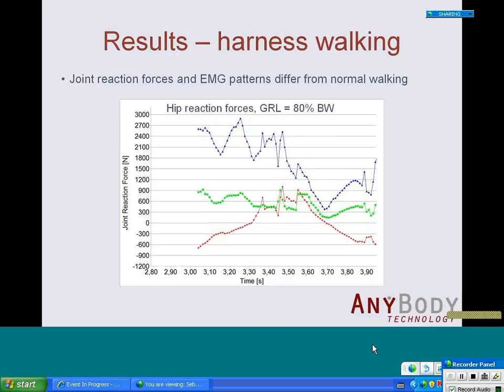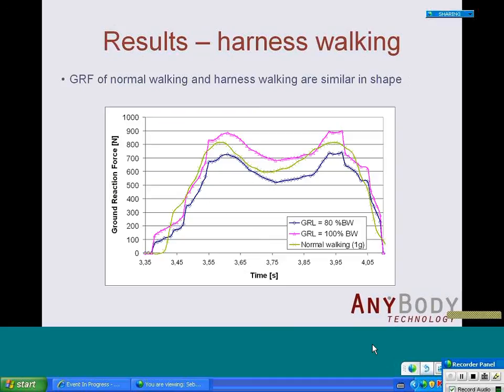And you can see that the joint reactions slowly change and show a much higher scatter, which of course at least partly is caused by this simple contact condition, but most effects of course are due to this altered mechanical boundary conditions.